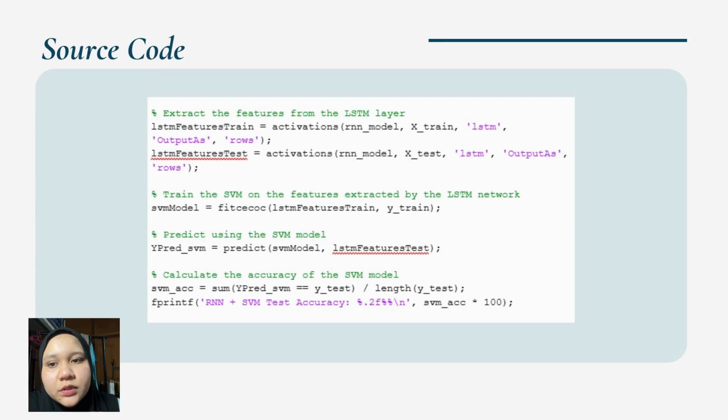Then the RNN and SVM test accuracy is displayed as the final output. So, in conclusion, the current model demonstrates the use of LSTM for feature extraction and SVM for classification. The hybrid model has shown promising accuracy in classifying BCC images.